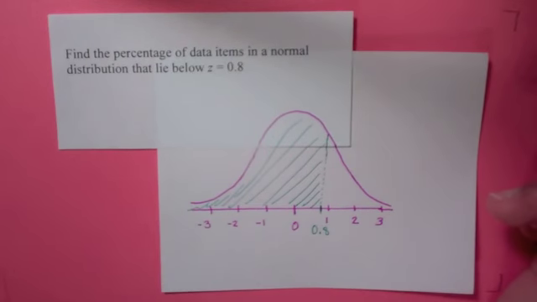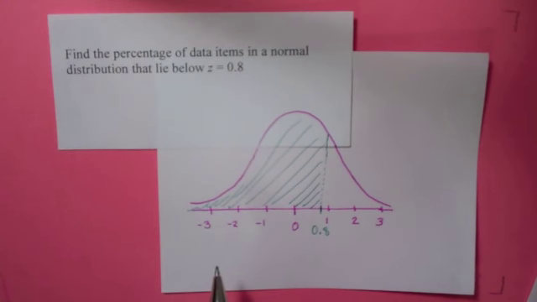Okay, now if you look in your textbook, there is a table of areas of a standard normal distribution, and you use it whenever you have numbers that aren't the 0, 1, 2, 3, that we can use the 68, 95, 99.7 rule.